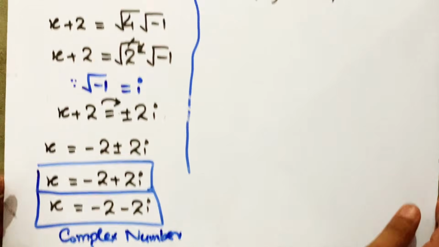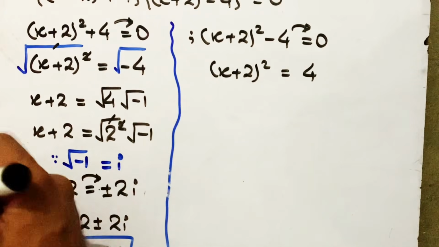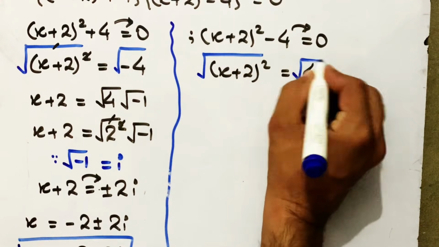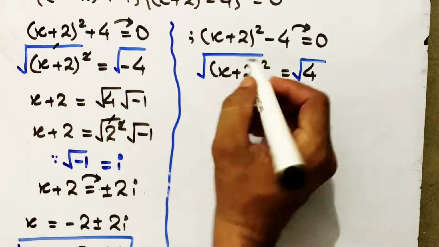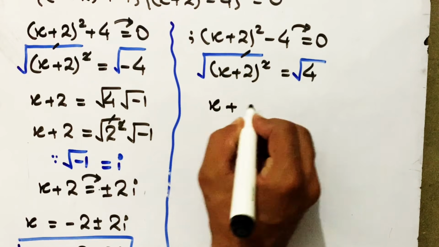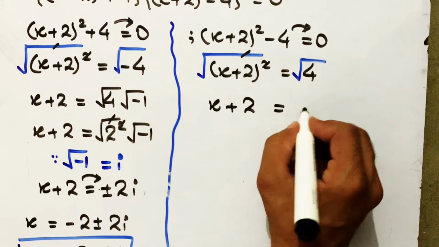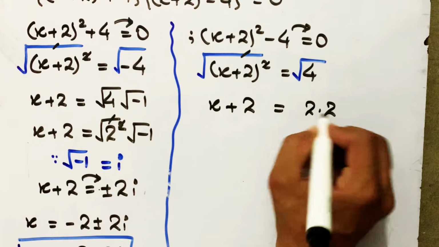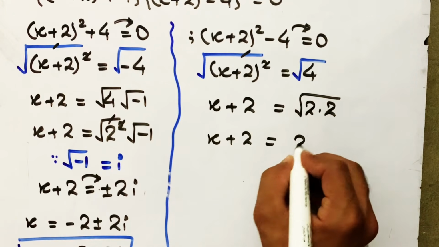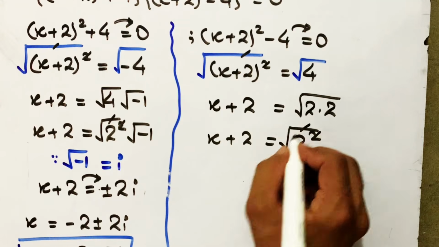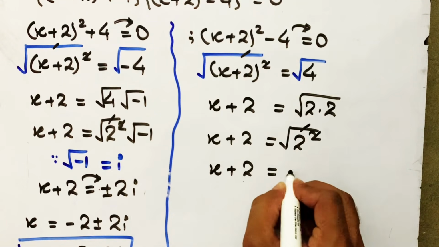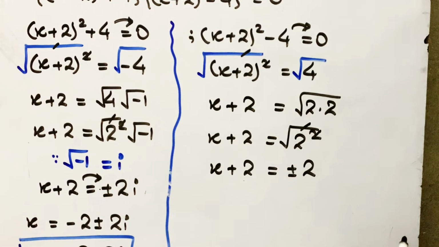Now I'm solving case number 2. Again I am taking the square root on both sides. The square and square root cancel, so we get x + 2 = square root of 4. 4 is 2 into 2, so x + 2 = square root of 2 squared, and the square and square root cancel. So x + 2 = plus or minus 2, so x = -2 plus or minus 2.